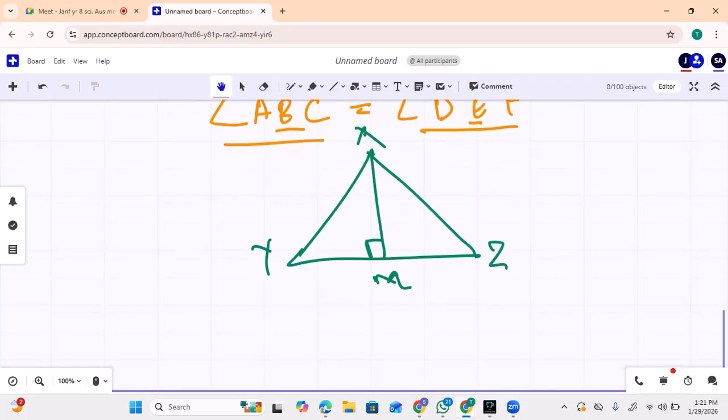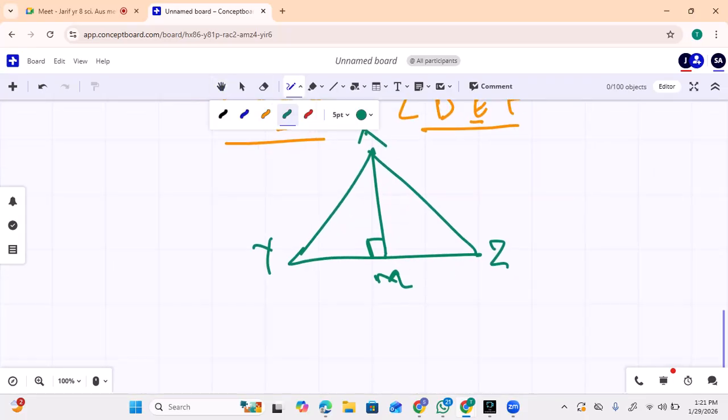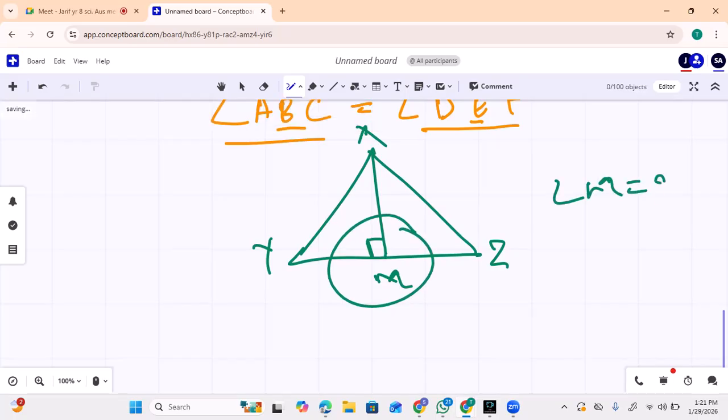For this one, we know that angle M is equal to 90 degrees. But other than M, there's no angle of 90 degrees, so it's not equal to anything. But these two triangles and the angles of these two triangles are equal. And how will we manage that?